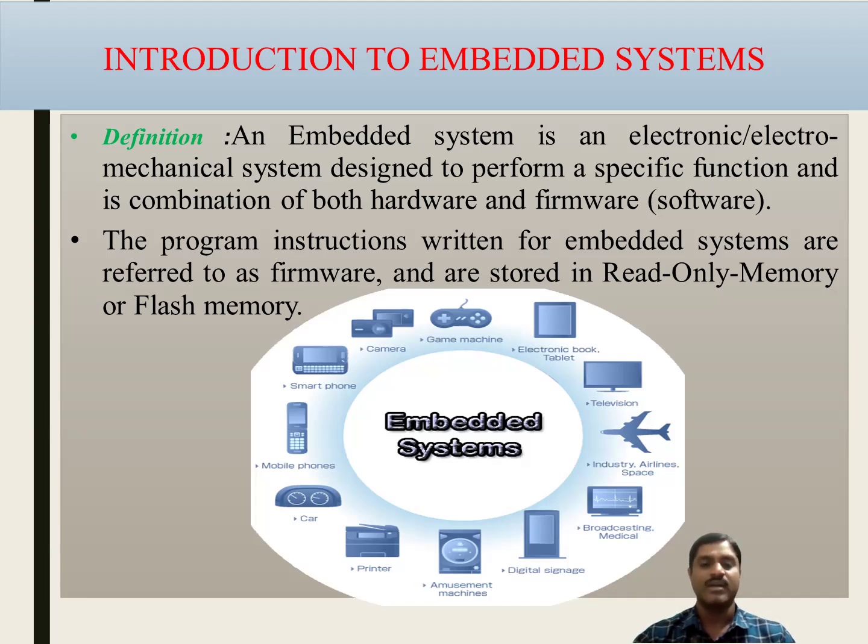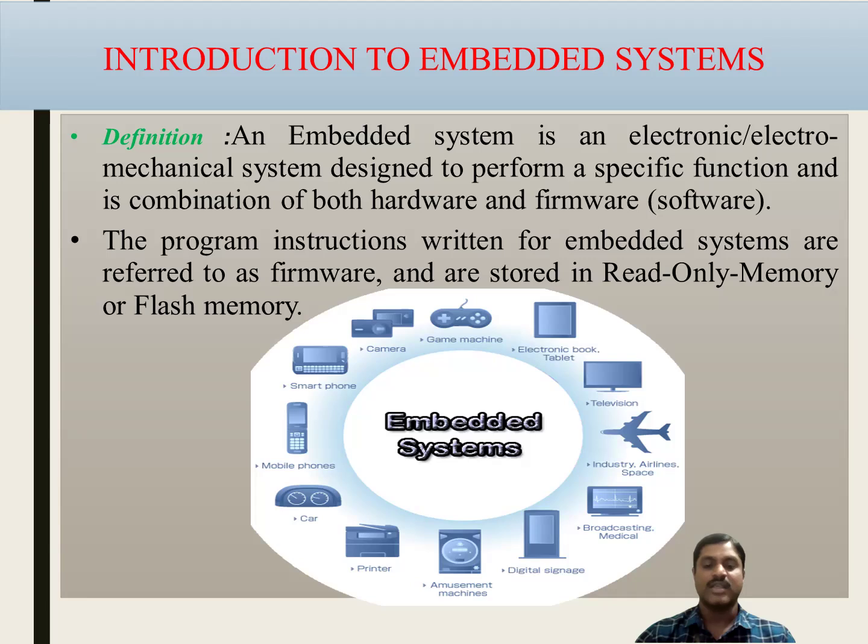So let us define the embedded system. So what is an embedded system? An embedded system is an electronic or electromechanical system designed to perform a specific function, and it is a combination of both hardware and software. The program instructions written for embedded systems are referred to as firmware and are stored in read-only memory or flash memory.